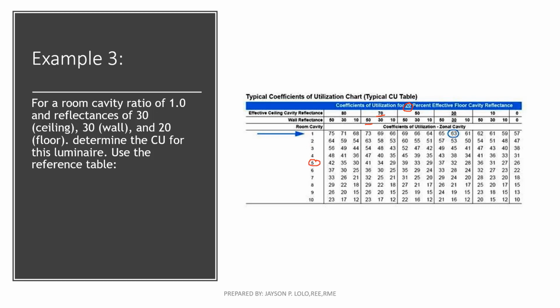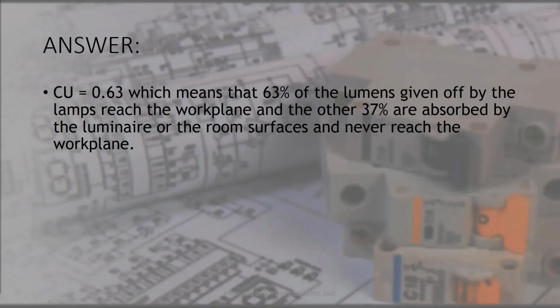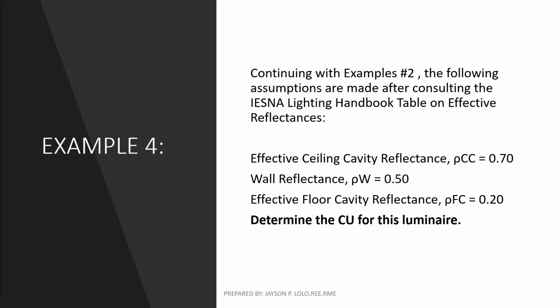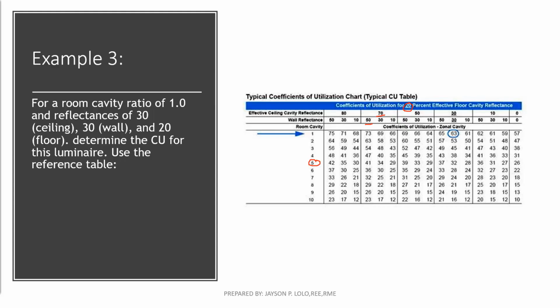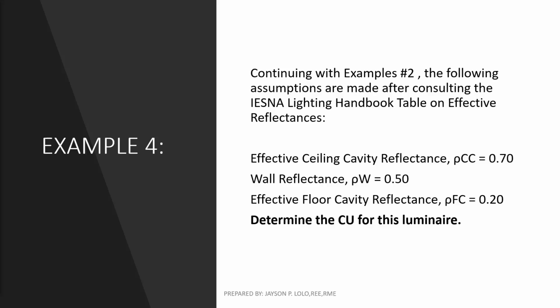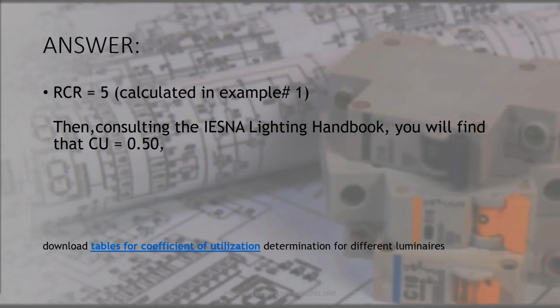So, let's check again. Ceiling 70 and wall is 50. Ceiling 70 and wall is 50. So the answer must be 41. So let's check. I think it is wrong. Oh, it is wrong.